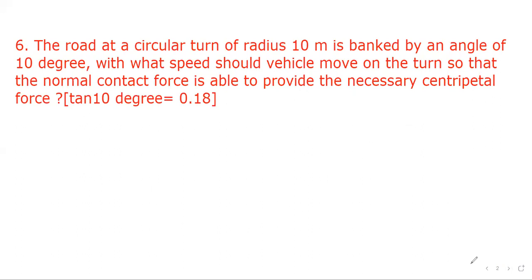Now, next question is, the road at a circular turn of radius 20 meter is banked by an angle of 10 degree. With what speed should a vehicle move on the turn so that the normal contact force is able to provide the necessary centripetal force? So here the situation is like this.